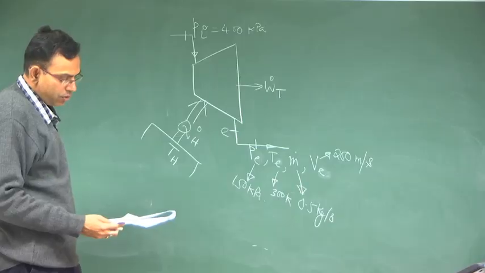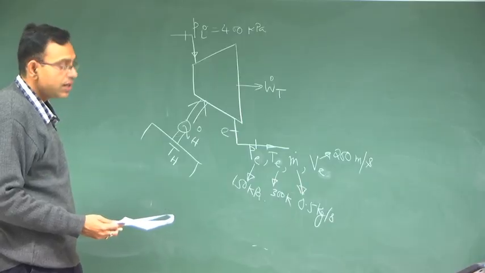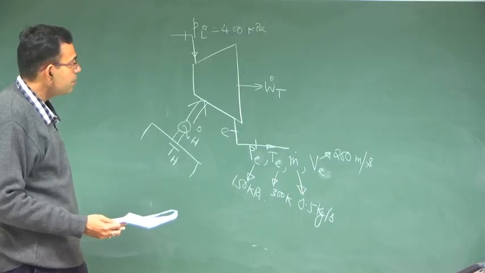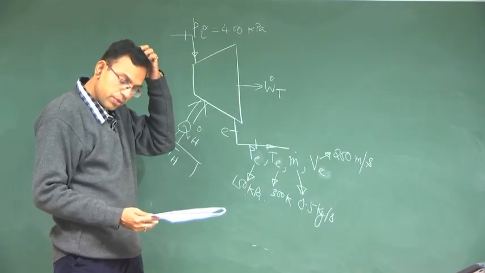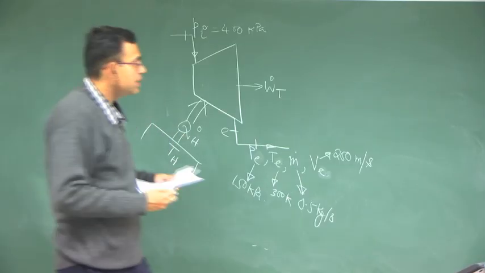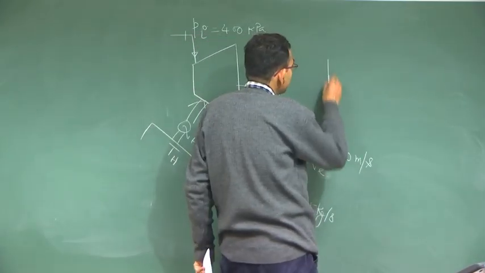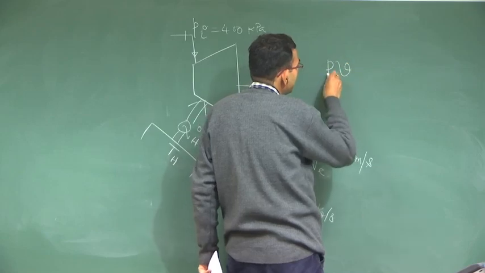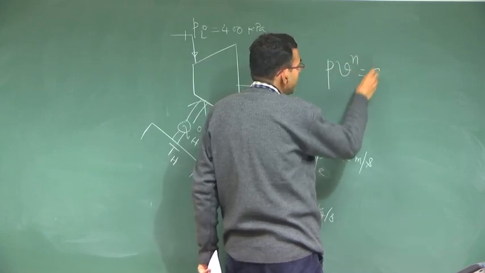The turbine process is reversible and polytropic with n equal to 1.2. So, that means the process in the turbine can be described by pressure into specific volume to the power n equal to constant.